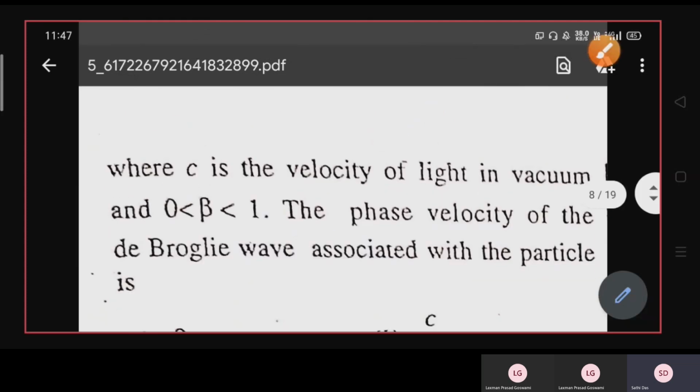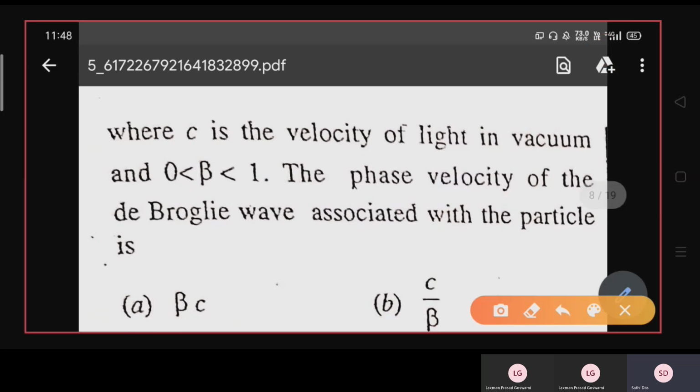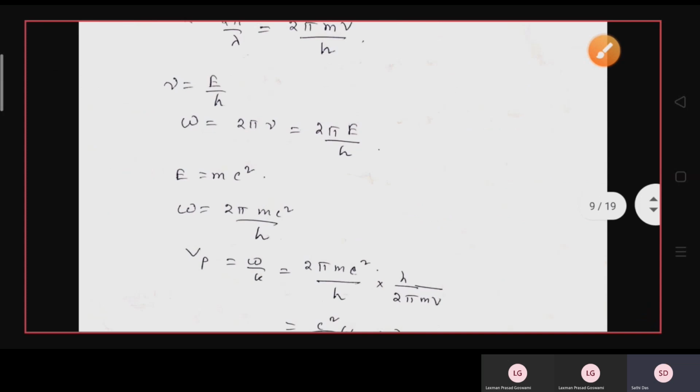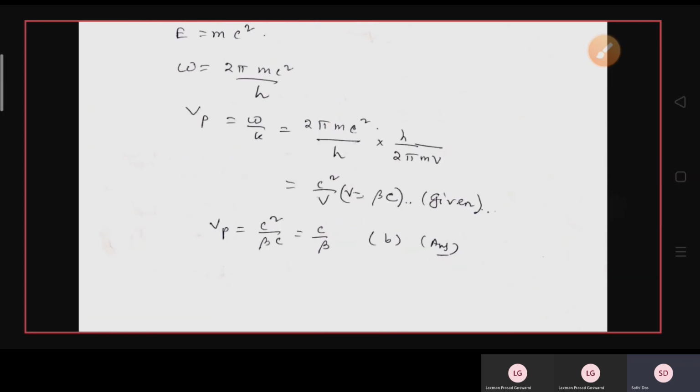So you find here it is a very easy question, but some problems come with tricks, like you have to understand what to find first, like phase velocity. So omega by k, you need to find out omega, you need to find out k, and you need to relate those things so that you can come to a conclusion with your answer.